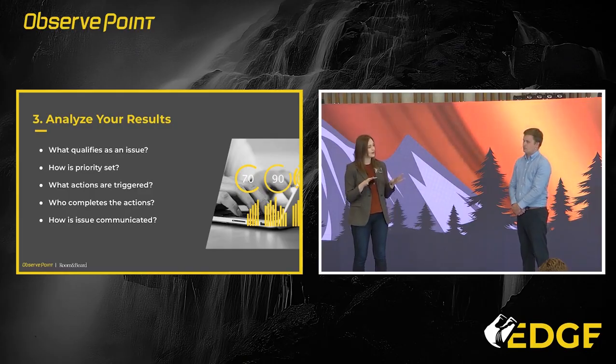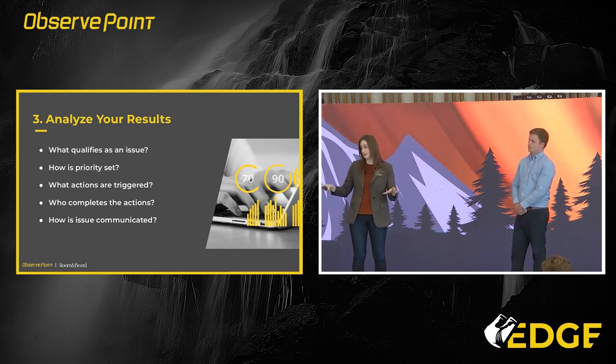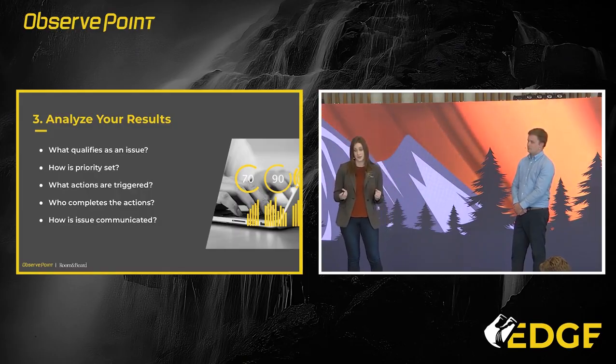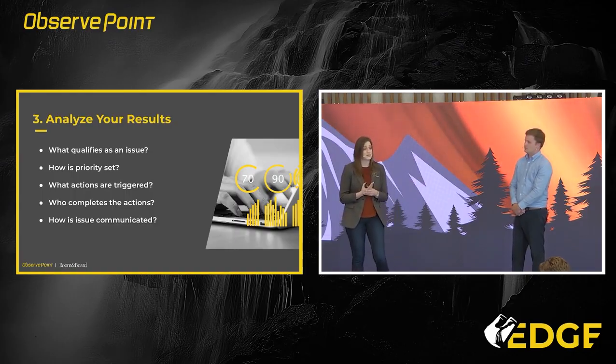Not all issues are created equal, and not all issues are created equal across different enterprises or business segments or even locations, right? So how do you set those priorities for each one of those issues? How do you determine if it's urgent or if it's something that can wait a week, right? Or a month, depending on how big your teams are.